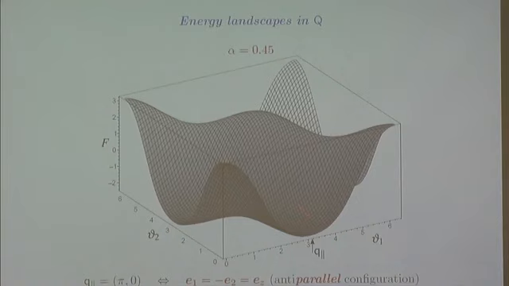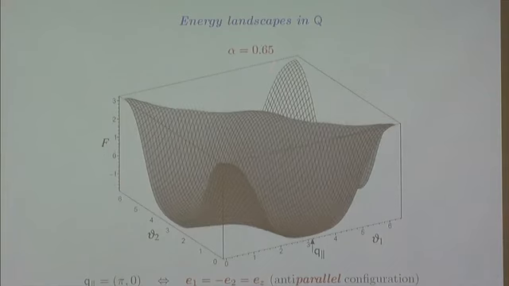We see that we can prove that the minimizer, which is a ground state, is this point, with coordinates pi, 0, which means that one dipole is along the normal and the other dipole is opposite to the normal. So this is the antiparallel configuration. So again, this was to be expected, because for alpha equal to 0, which is a purely dipolar case, we knew already that this is a ground state of the energy.